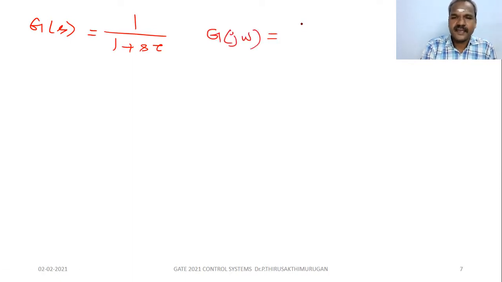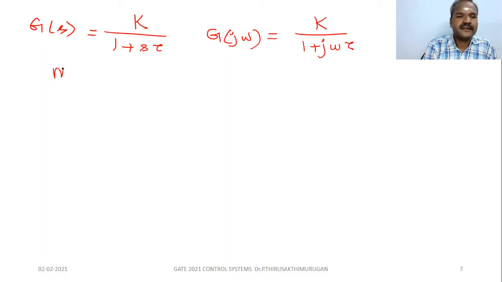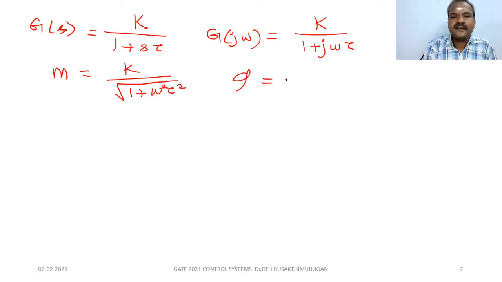Replacing S by j omega, K in the numerator, 1 plus j omega tau in the denominator. Now let us find the magnitude. The magnitude is K divided by square root of 1 plus omega square tau square. What is the phase angle? Minus tan inverse of omega tau.